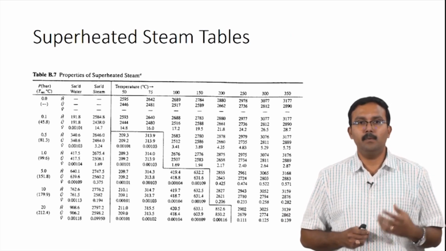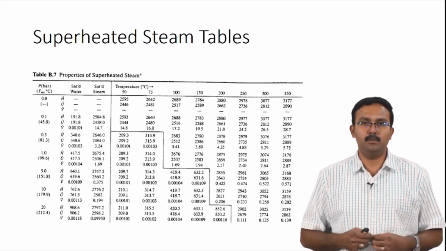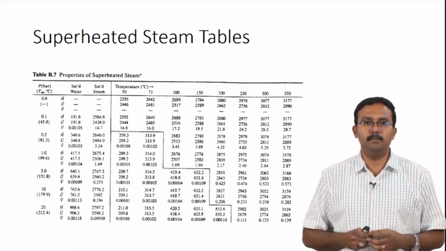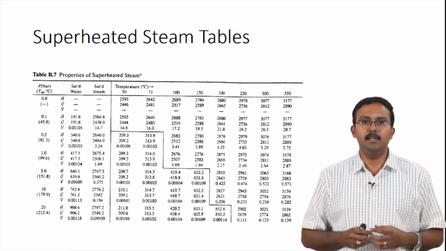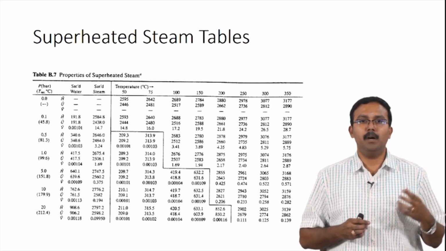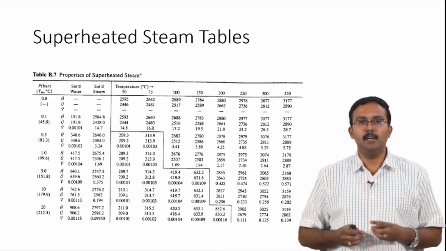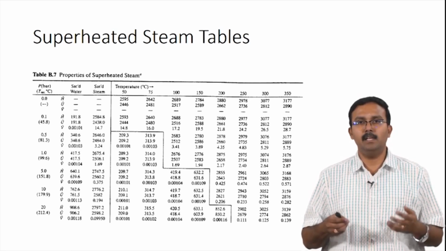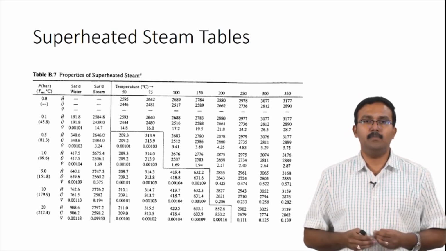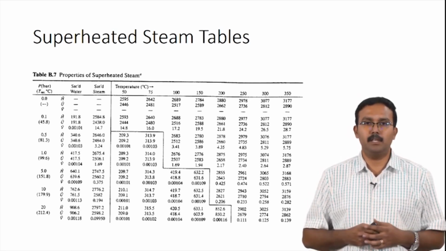This particular table, which has been taken out of the Felder-Rousseau textbook, is a superheated steam table. What you have here is information at any temperature and pressure, which means the water can exist either as liquid or vapor and does not have to be in the saturated condition.